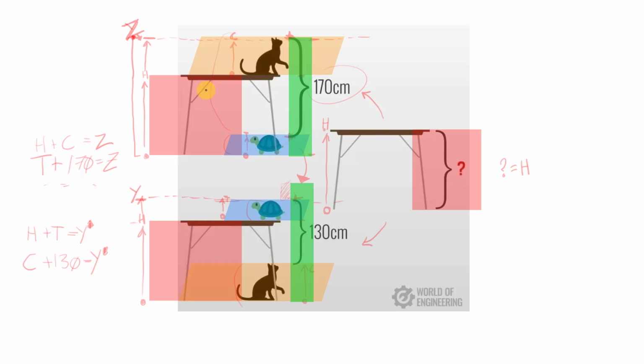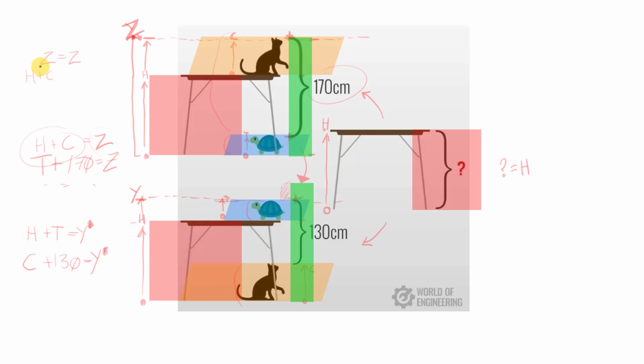So let's put that out in a substitution form. If z equals the height plus the cat, and z also equals the turtle plus 170, let's figure that out. Z equals z. Such a silly thing to write, but now let's substitute.